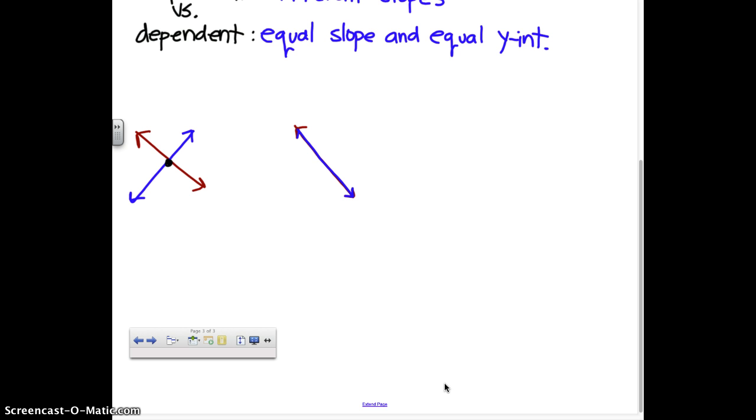These 2 lines coincide. They live exactly in the same spot. Here we have a red line and a blue line, and they are parallel. 3 different situations: intersect, coincide, which means they're exactly the same, or parallel.